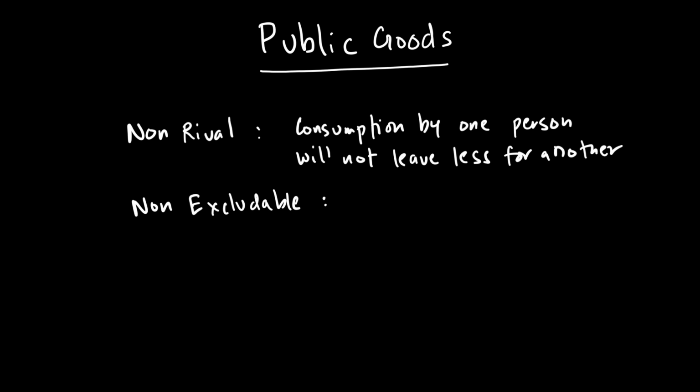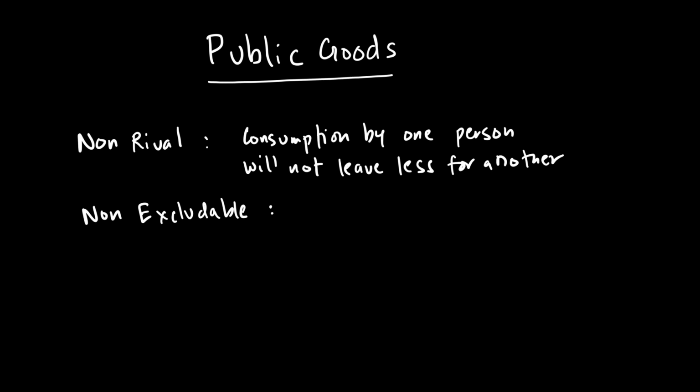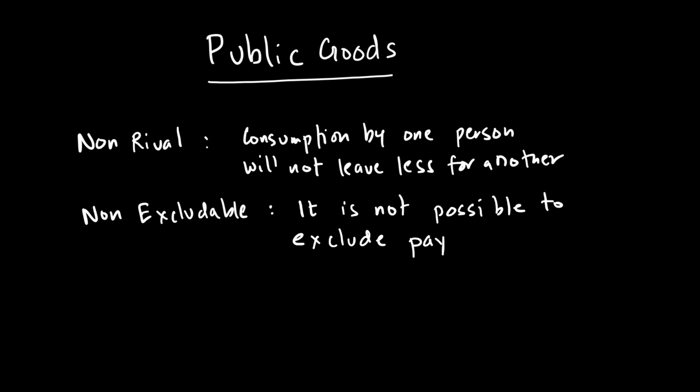So non-rival means consumption by one person will not leave less for another, while non-excludable means that it is not possible to exclude payers, those who pay, from non-payers.